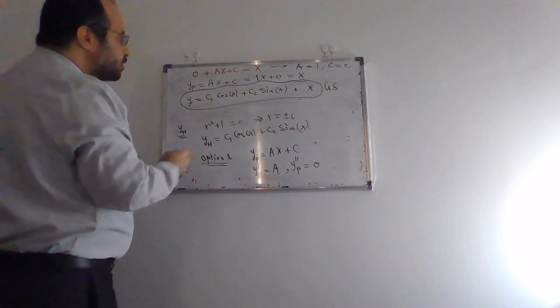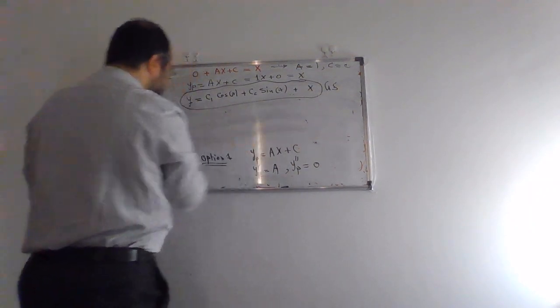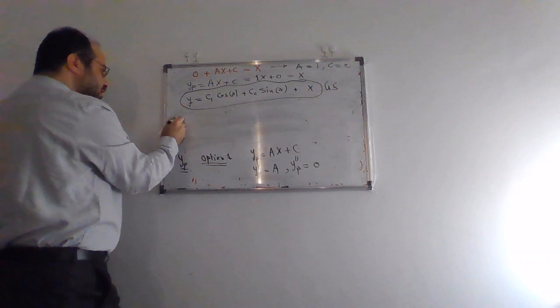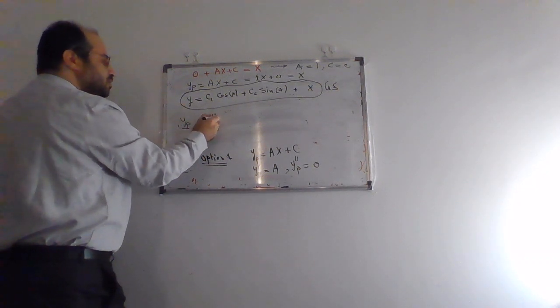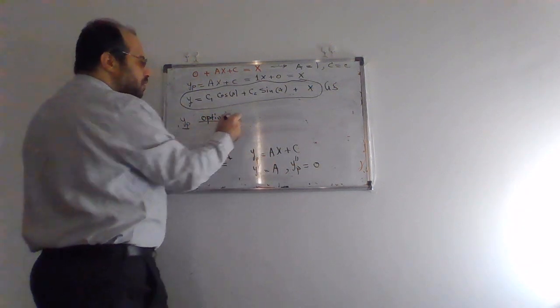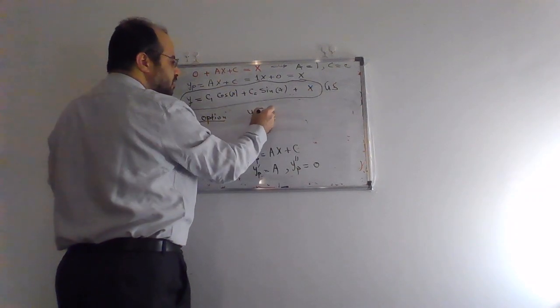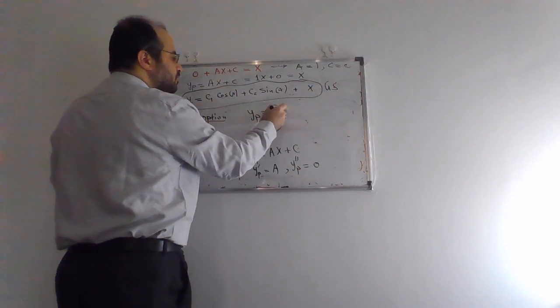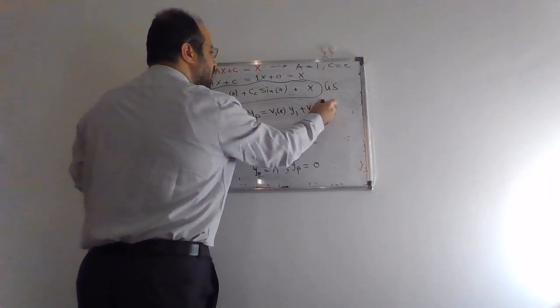Now let me go with option 2. What is option 2? For y particular, I can go with solution number 2. Suppose that someone wants to find y particular using variation of constants. So he says, I'm going to use v1 of x times y1 plus v2 of x times y2.